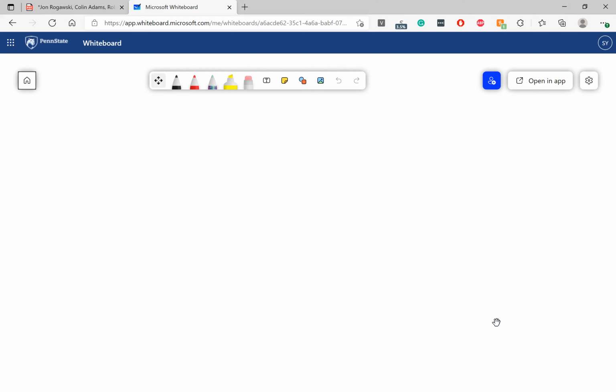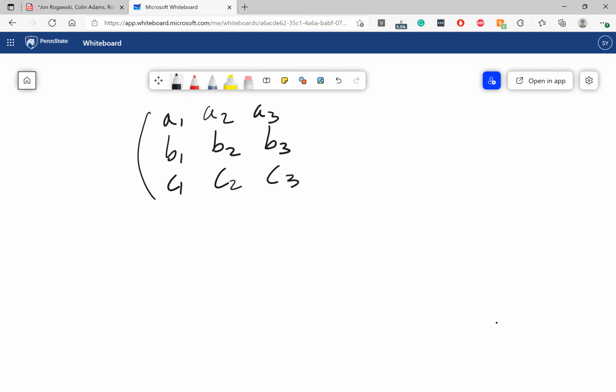So last class, we started talking about determinants. And if we remember, when we have a matrix A1, A2, A3, B1, B2, B3, C1, C2, and C3, then we can take the determinant of this matrix, which we write in straight lines.